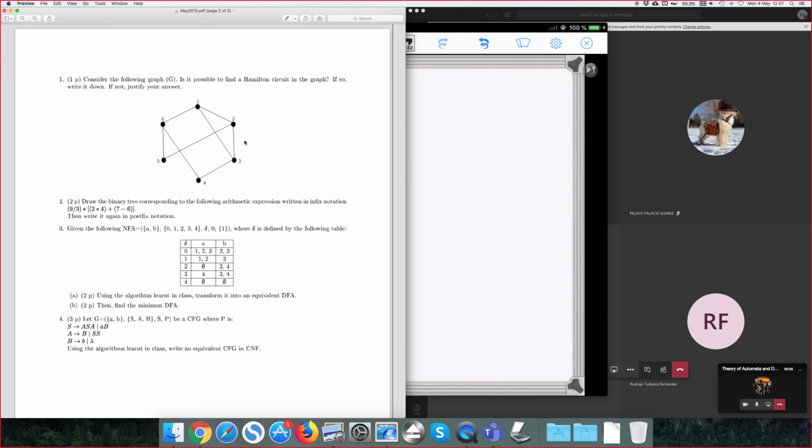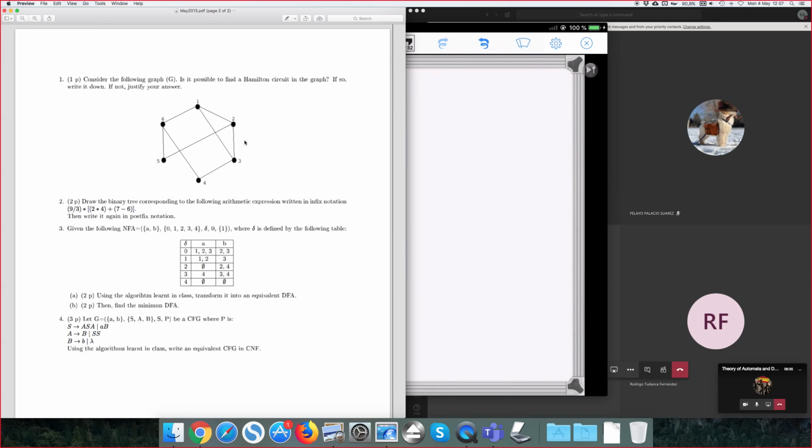We do not know of any efficient algorithm, any algorithm that runs in a sensible time depending on the number of vertices and edges of the graph, that checks whether a graph has a Hamiltonian path and finds the Hamiltonian path in that case. This is what we call an NP-complete problem, and we strongly suspect that there is no efficient algorithm to solve this problem.